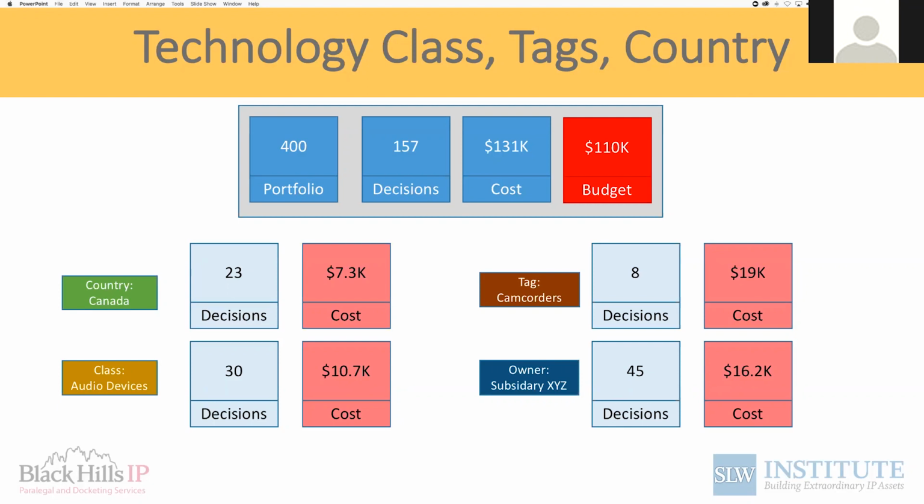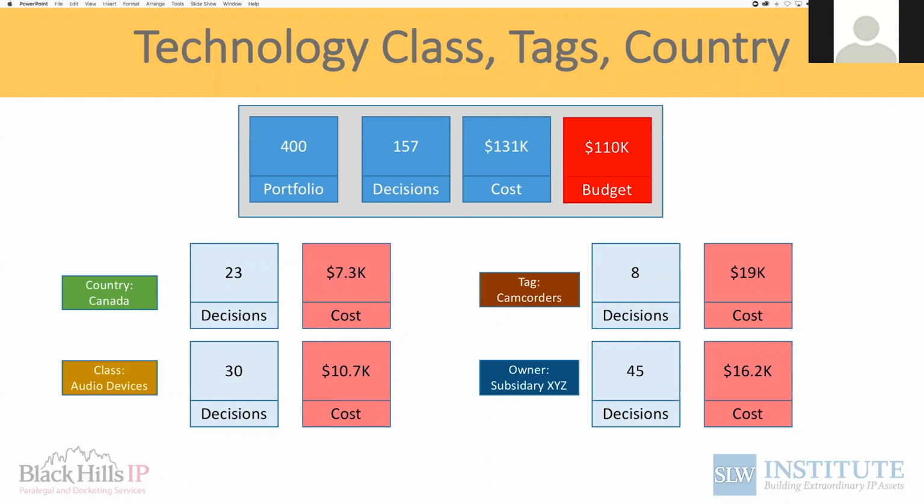So in this particular example, let's just say Canada as a market for me has been decreasing for certain products. I'll do my refinement on Canada. I've got 23 decisions that roll up to about $7,300 in cost. Well, the potential savings here are fairly low compared to the number of patents, so this might not be a worthwhile starting point for me.